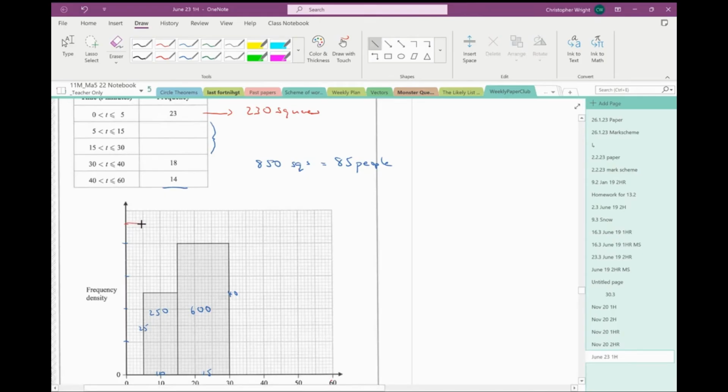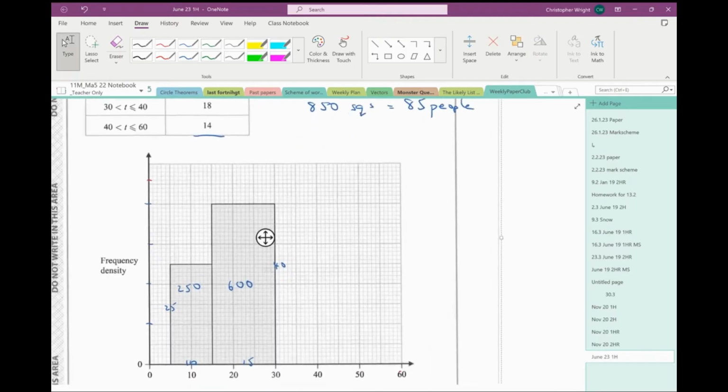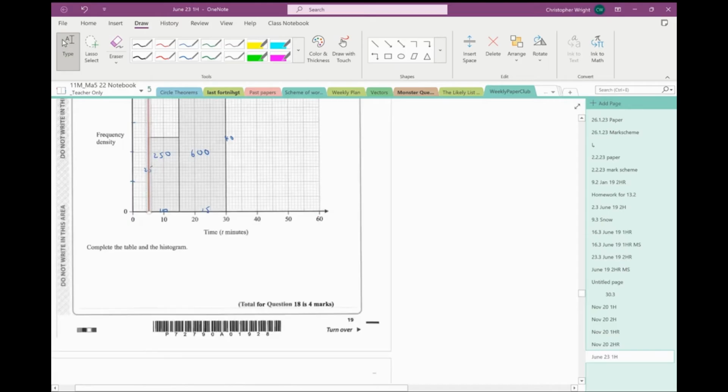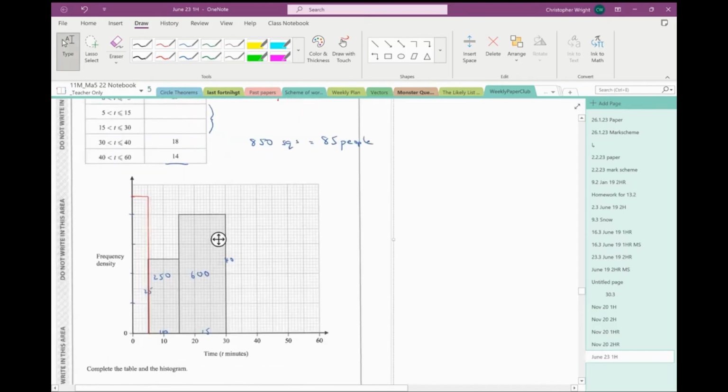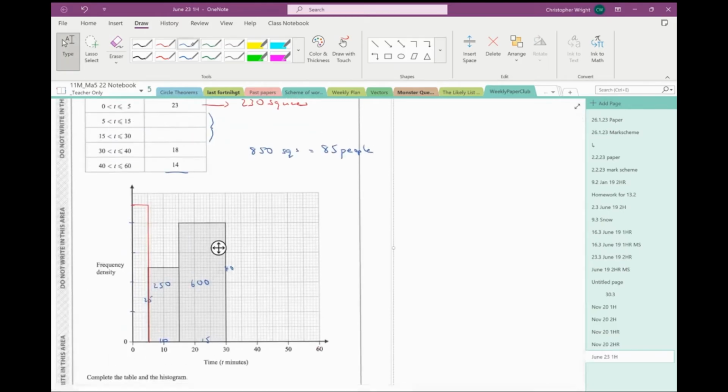So here is the bar for this one, going up to 46. Okay, that's the frequency density of 46. Right, okay. I better label the scale. 10, 20, 30, 40, 50.